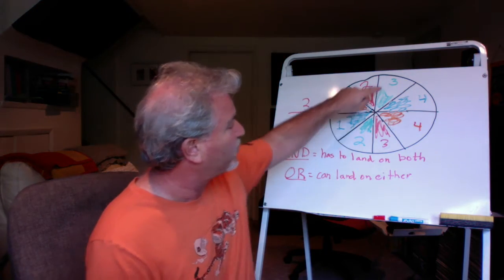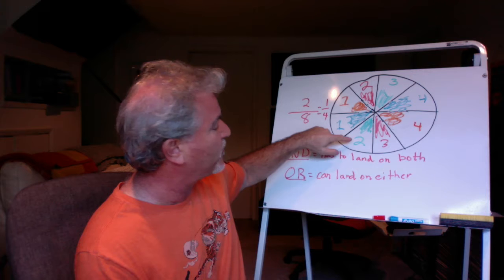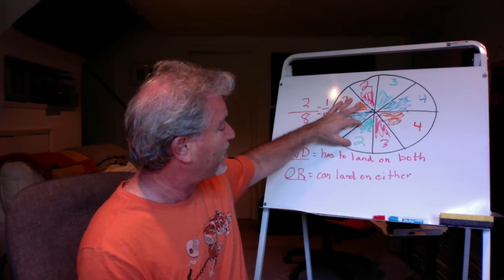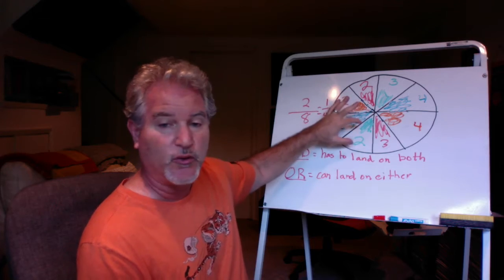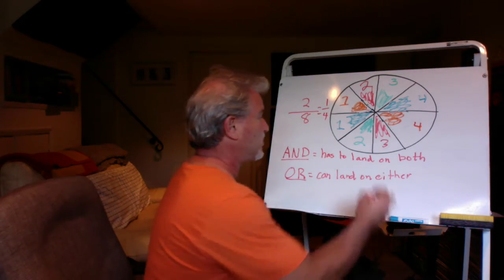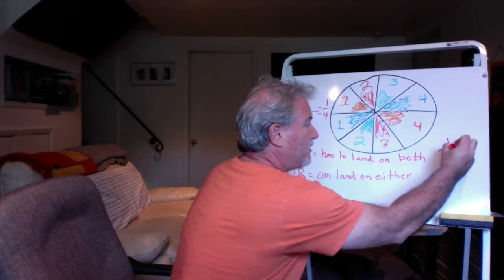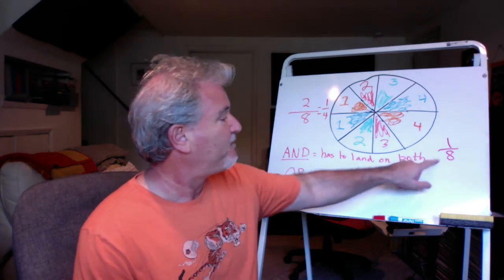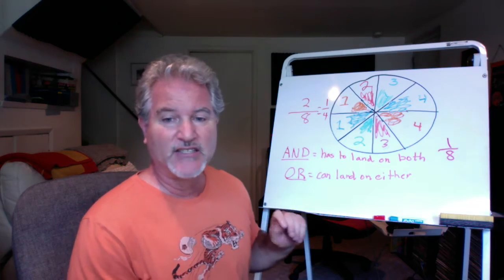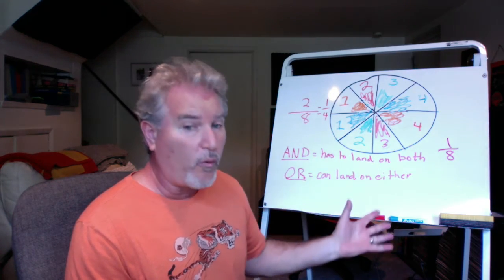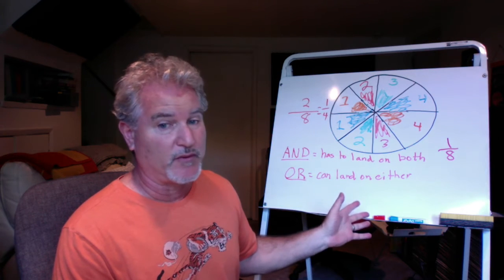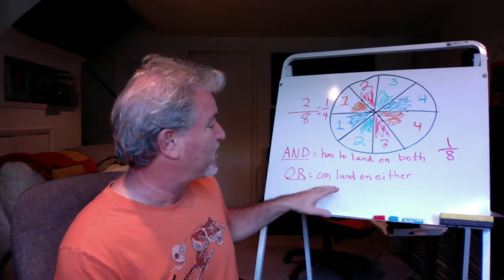Here we have a green 3 and we have a green 2. So there's only one possibility that it could land on a green and a 2, which means our answer is going to be 1 out of 8. If I say it lands on a green or a 2, "or" means it could land on either of them. That's the big difference.